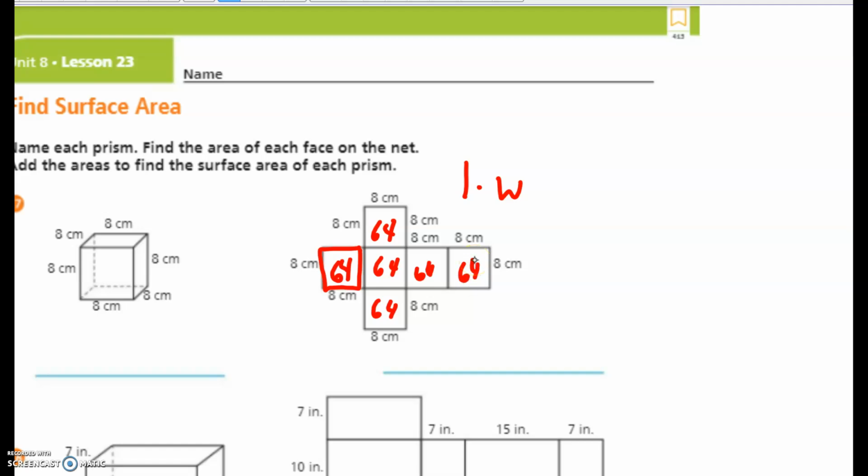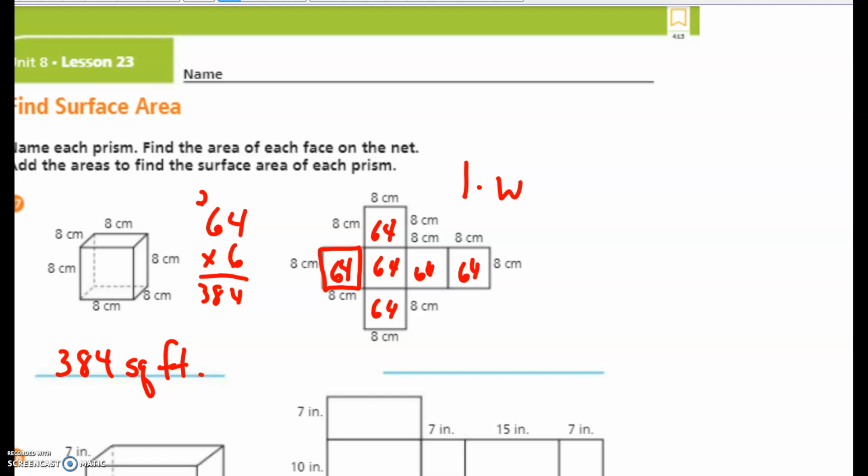And you're going to multiply 64 times 6. If you have a calculator, it's a whole lot easier. So I get 384. So our area is going to be 384 square feet.